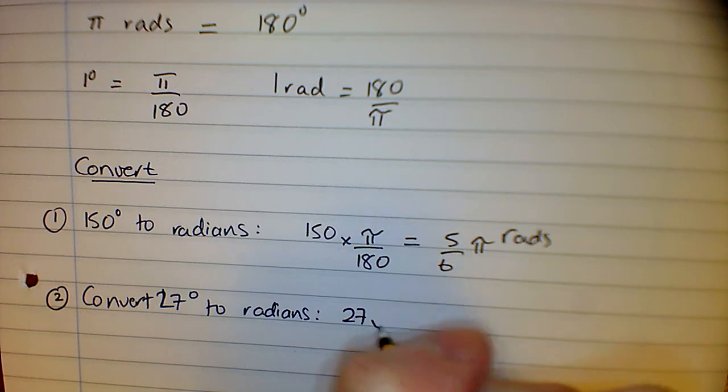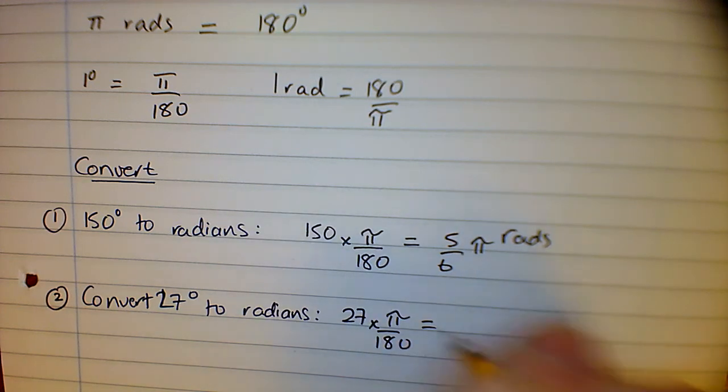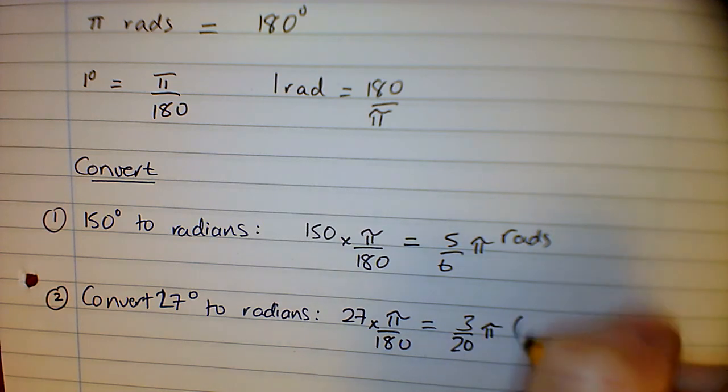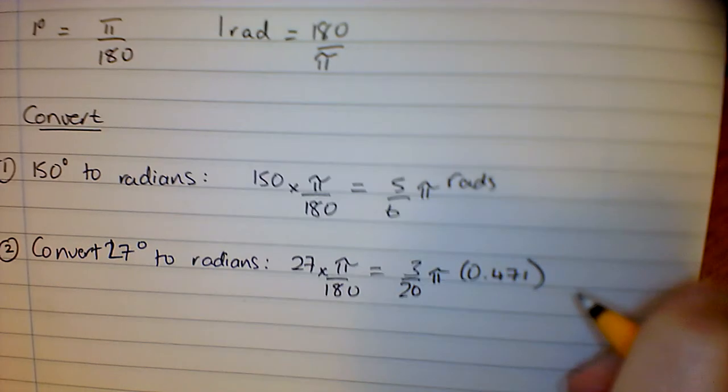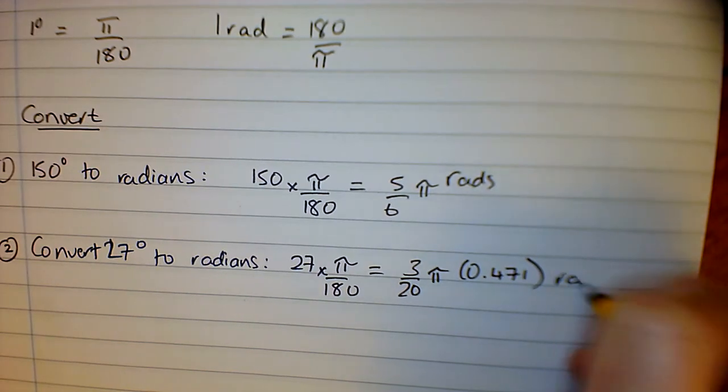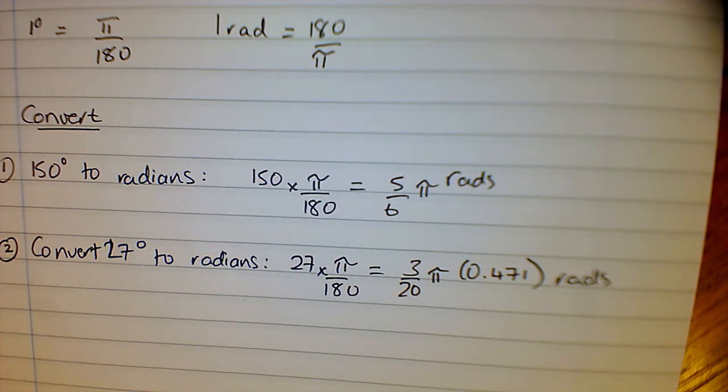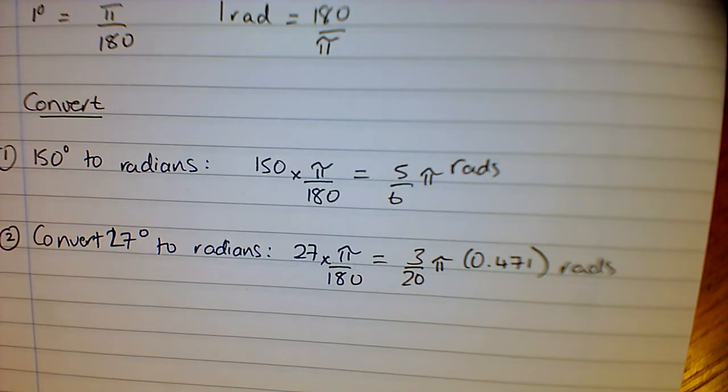So 27 times pi over 180 is going to give you 3/20 pi, or 0.471 radians if we want to do it to 3 significant figures.